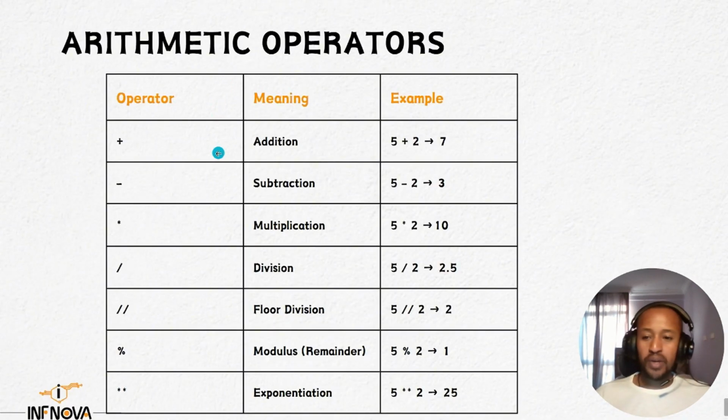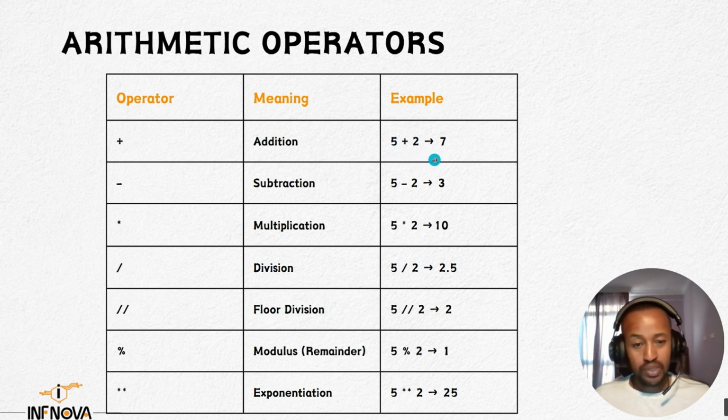Arithmetic operators are mostly similar to the mathematical operators. For example, this one is addition, which is the same as mathematical addition: 5 plus 2 is 7. Subtraction also: 5 minus 2 is 3. That's exactly the same in mathematics.